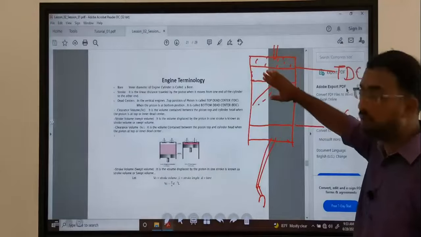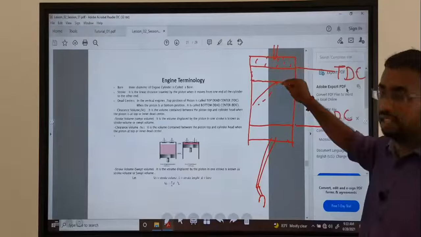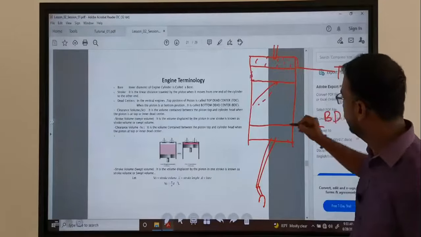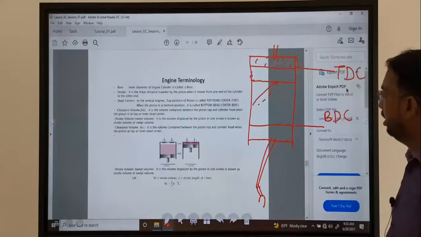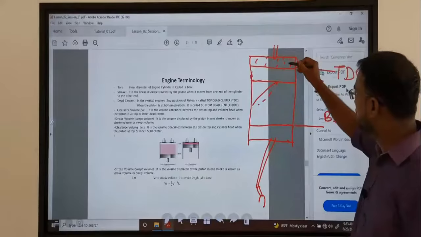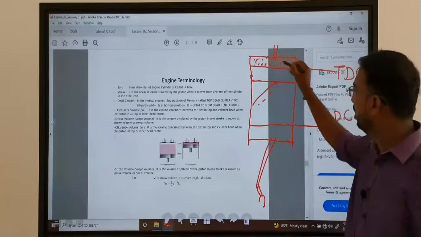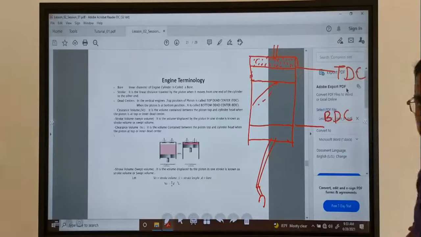At the beginning, the air fills the whole space of the cylinder. Then after compression, the air is compressed into this small space.